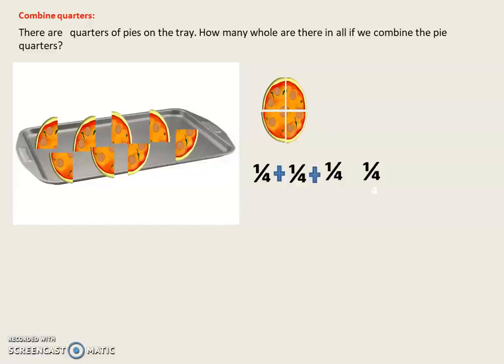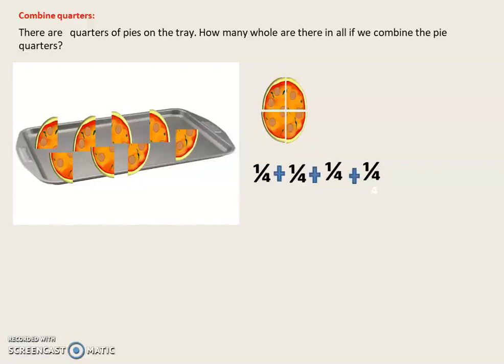So how will we combine these quarters? If you remember our previous lesson, the number at the upper part of the line is what we call the numerator, and the number under the line is the denominator.